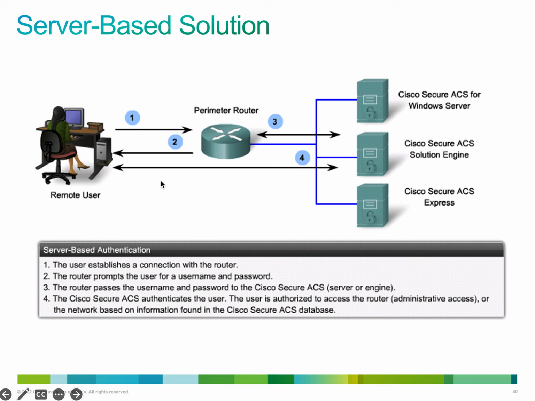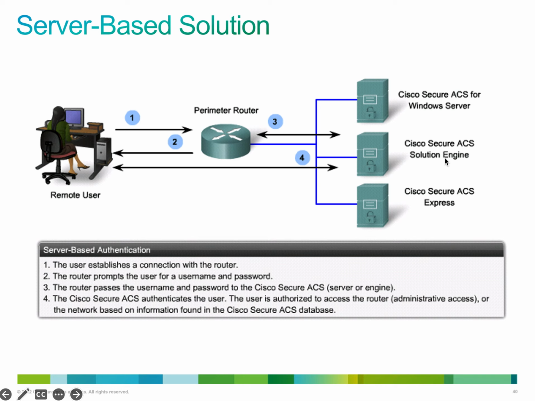Now the user establishes a connection with the router. That is step 1. Then the router prompts the user for a username and password; that's step 2. Once you give the username and password, in step 3 the router passes the username and password to the Cisco Secure ACS server or the Solution Engine.